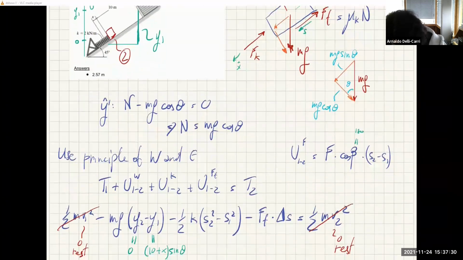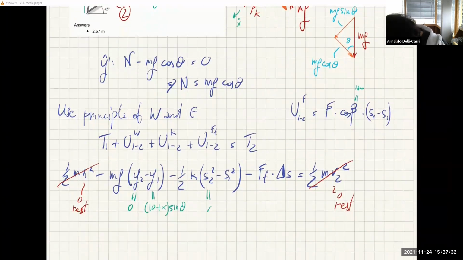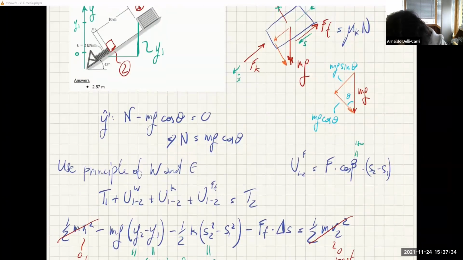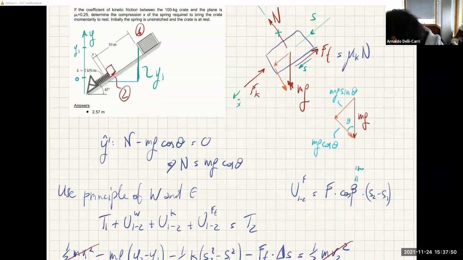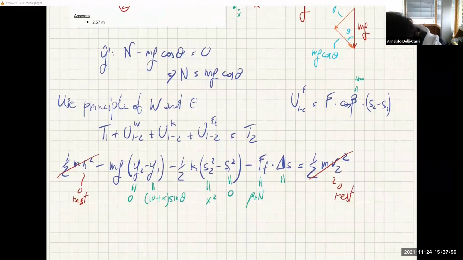The final stretch of the spring is exactly x squared. This is the stretch of the spring, and the initial stretch of the spring is originally unstretched, so this is 0. FF is, of course, mu k times n. Delta S is just this, it's 10 plus x, so it's however much it has moved in that direction. So this is 10 plus x.